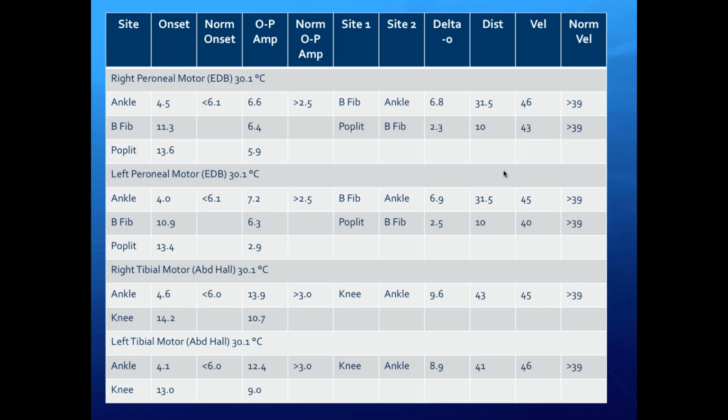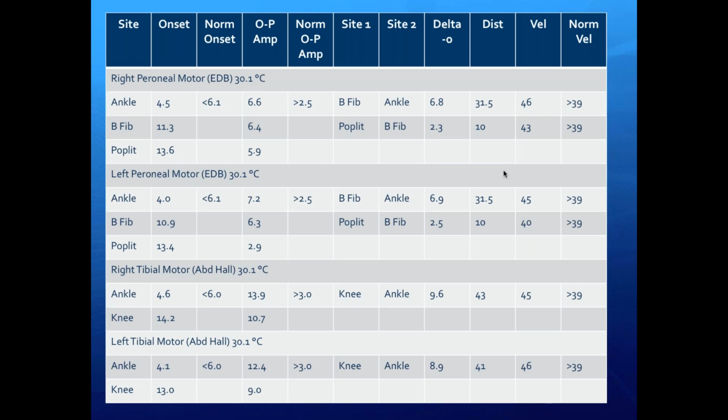In the lower extremities, the most commonly done are the peroneal and the tibial. You can theoretically do an F wave from any nerve, but the two that are commonly done are the peroneal and the tibial. And the peroneal tends to be a little bit challenging because the muscle itself is so small. But the tibial is fairly reproducible.